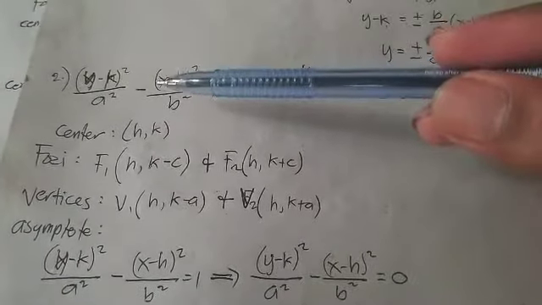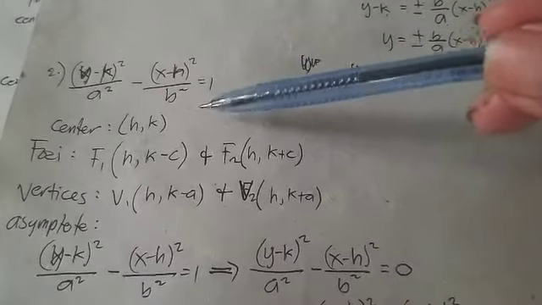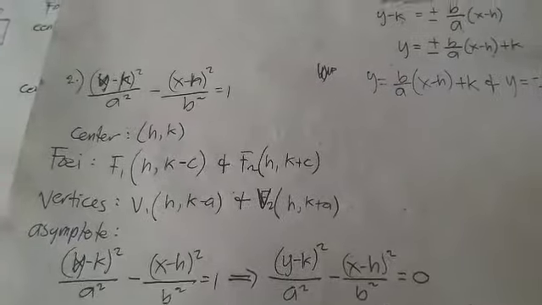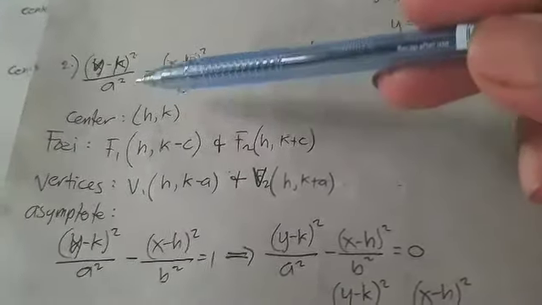The next equation na we need to be familiar with, we have y minus k squared over a squared minus x minus h squared over b squared equal to 1. So, kani, ang transverse axis na would be vertical or patindog.